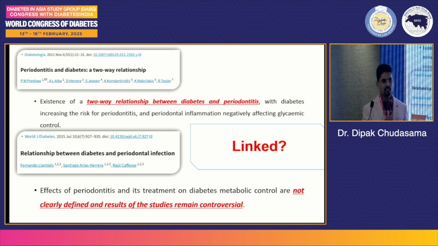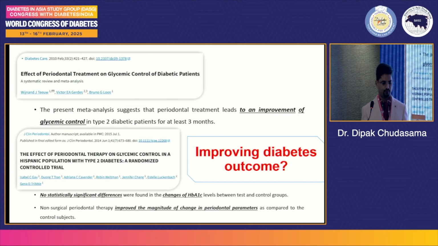Another paper, in the World Journal of Diabetes in 2015, also tried to establish the relation between diabetes and periodontal infection, where the effect of periodontitis and its treatment on diabetes metabolic control is not clearly defined, and as a result the findings remain controversial.